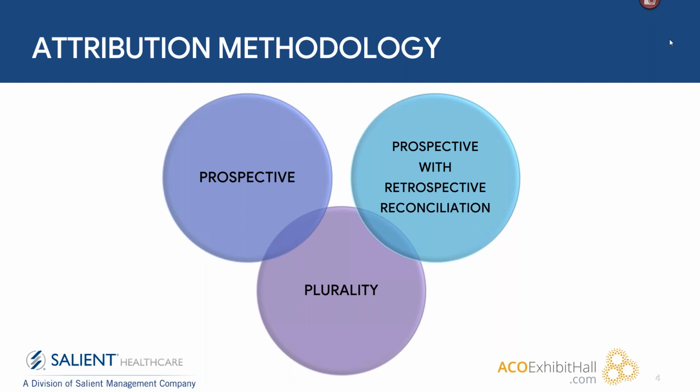Now, this is not simply based on the number of visits, but also includes dollars spent with each provider. In this case, the annual wellness visit, which you'll hear about again and again, helps with attribution because it reimburses at a higher rate than the usual E&M codes.